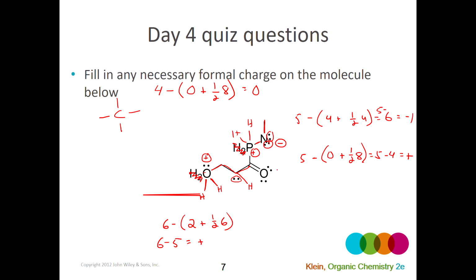And so when we calculate its formal charge there, since it has a lone pair, 2 electrons all to itself, and now it's sharing 1, 2, 3, 4, 5, 6 electrons, that gives me 4 minus 5, or negative 1. And so that ends up producing a formal charge on that carbon of negative 1.